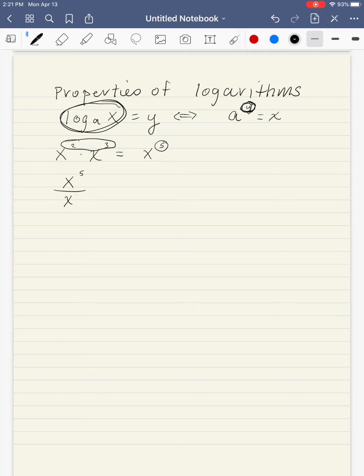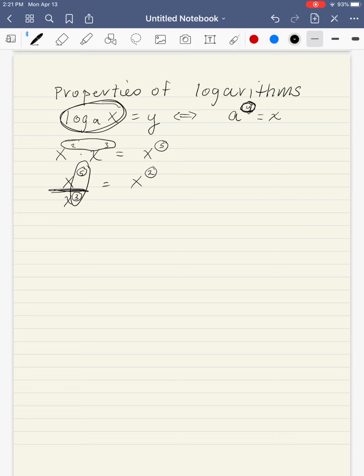If we have division, x to the 5th divided by x cubed, that's going to be 5 minus 3, which is 2. So subtraction of the exponents works when we're dividing.